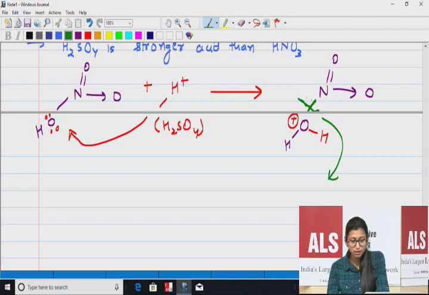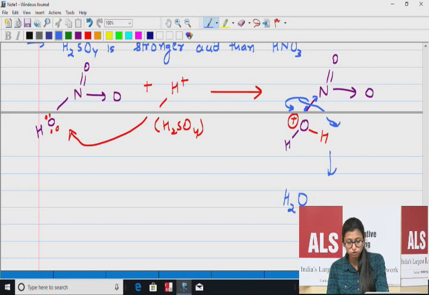If you are breaking this particular bond, it means these two electrons are gone towards this oxygen, okay? So that is why you will be forming a complete H2O.